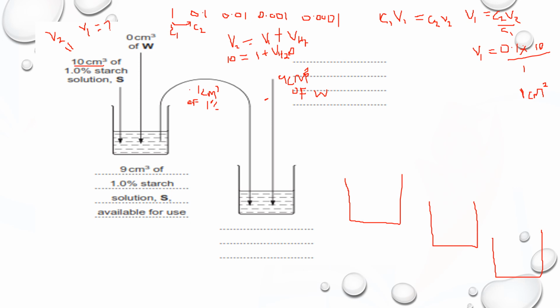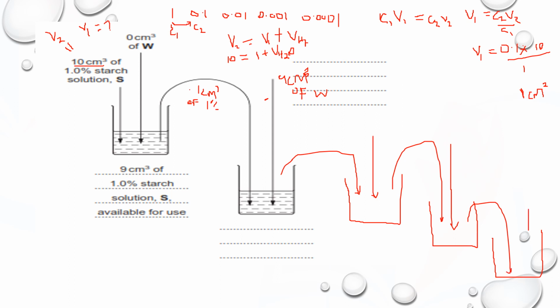The same amount will be taken: the same 1 cm cube, with 9 cm cube of water added. Once you calculate the first, the next is the same. So you just write it like I've done the first one. This is about 3 marks, guys.